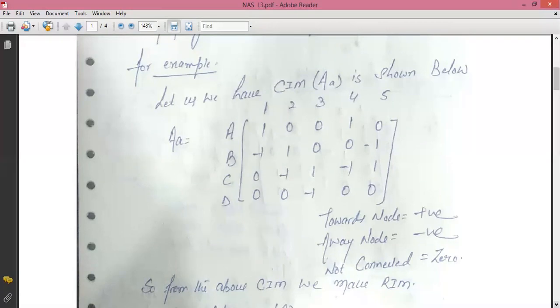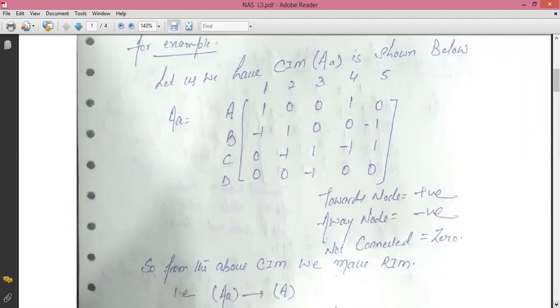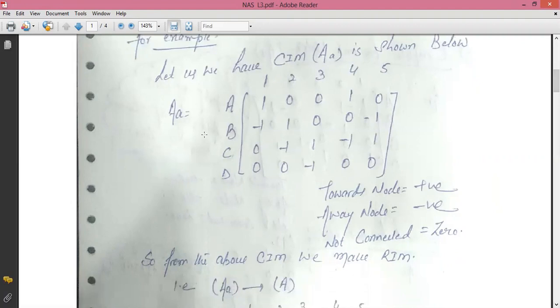As I already told you, when you delete the last row of the CIM, the ultimate matrix so obtained is called the RIM. Now you can see this is your CIM. Here I can show you how it can be converted into RIM.